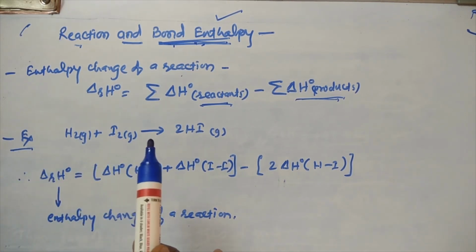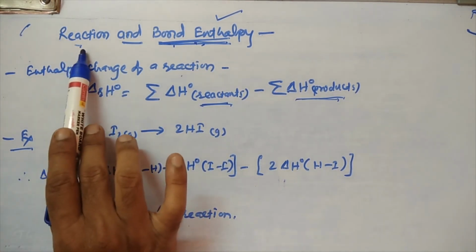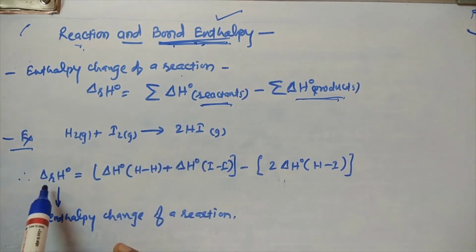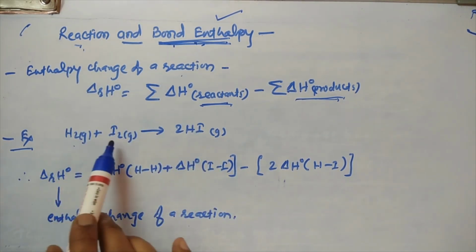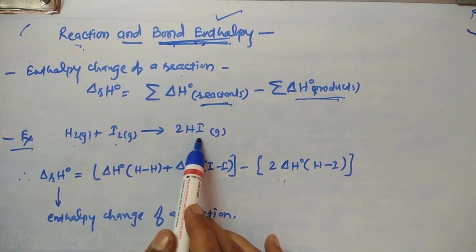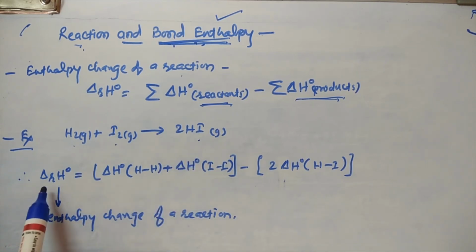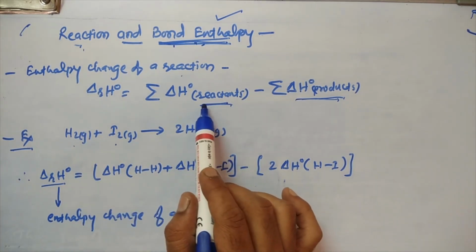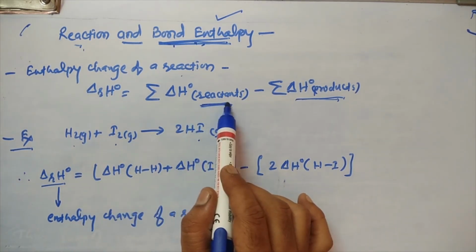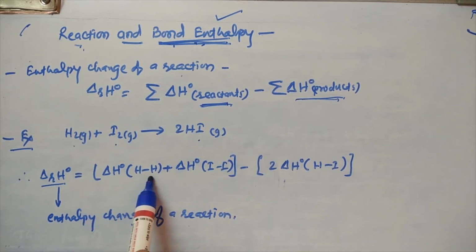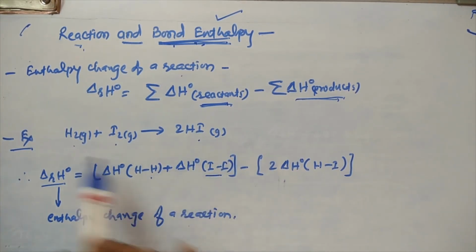If we take an example to represent the enthalpy of a reaction in terms of bond enthalpy: hydrogen reacts with iodine to form 2HI. The enthalpy of the reaction in terms of bond enthalpy is equal to the sum of the bond enthalpies of the reactants, that is bond enthalpy of hydrogen plus bond enthalpy of iodine.